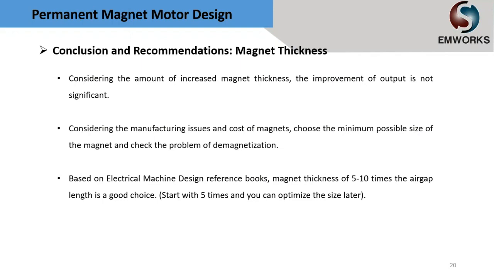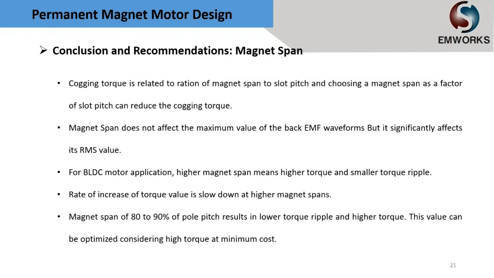So, as I mentioned before, and this is my advice to you, the machine design book suggests you determine the size of the magnet thickness 5 to 10 times the air gap. My suggestion is start with 5 times, and you can optimize the size later and see if demagnetization happens or not. This is my suggestion.